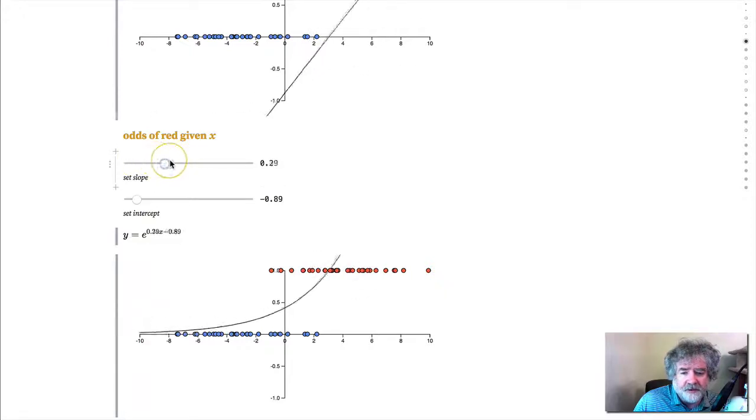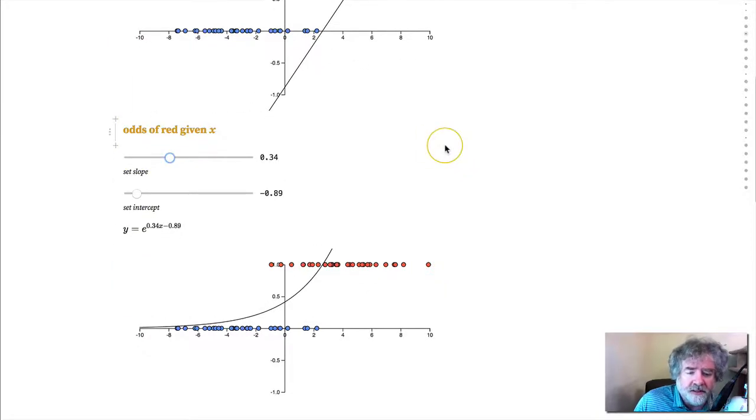Okay, but what we really want to do is go to probability. The odds, if you remember, was the ratio of the probability to what's left of the probability. So let's say the probability is p. Then p over 1 minus p would be the odds.